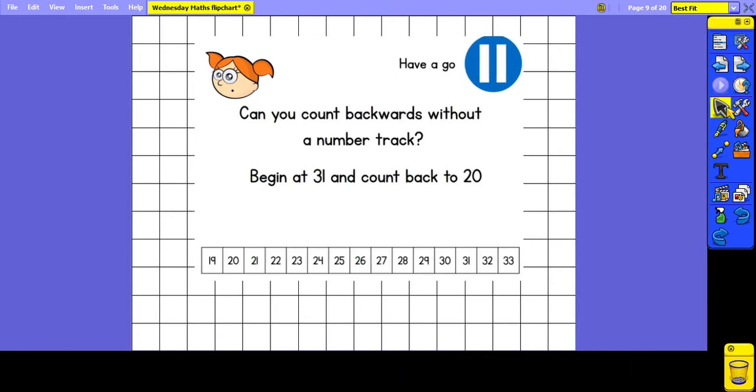So this time the question says, can you count backwards without a number track? Begin at 31 and count back to 20. So cover the number track up, put 31 in your head and then count backwards to 20. Pause the video now and have a go.